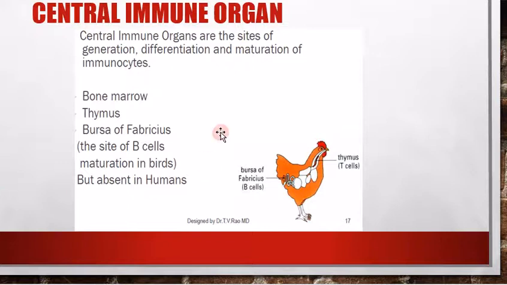In human beings, it happens slightly differently, because bone marrow produces these cells, and then some move to the thymus, so they become T cells.